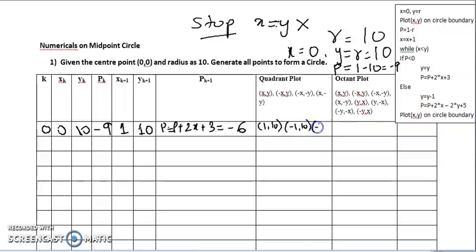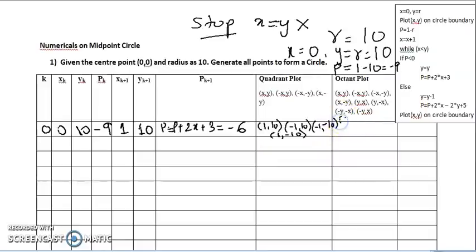Next value will be minus 1, minus 10. And the last value that will be plotted is 1, minus 10. So these are the 4 values that will be plotted simultaneously the moment I calculate my new x and y values. And what is getting plotted on the octant? All these 4 values as they are.